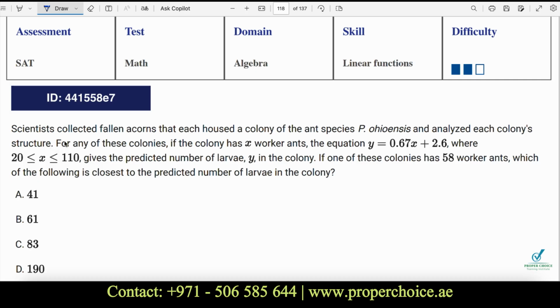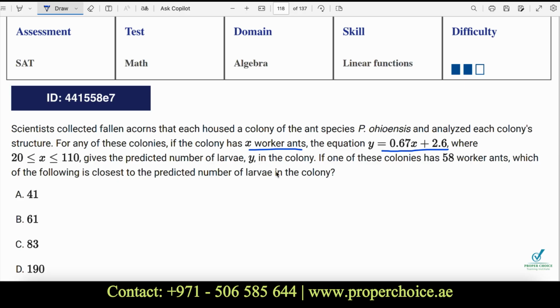It says scientists collected acorns that each housed a colony of ant species P. ohioensis and analyzed each colony's structure. For any of these colonies, if a colony has x worker ants, the equation y equals 0.67x plus 2.6, where x should be between 20 and 110, gives the predicted number of larvae y in the colony.